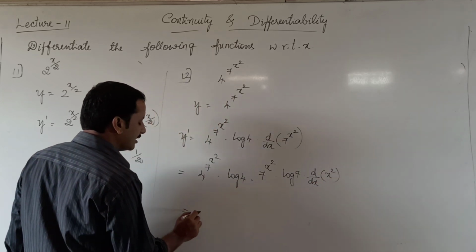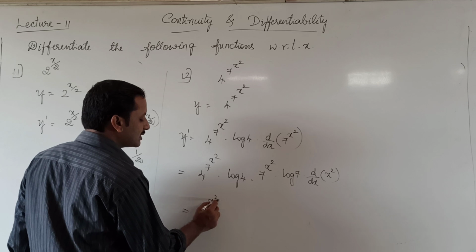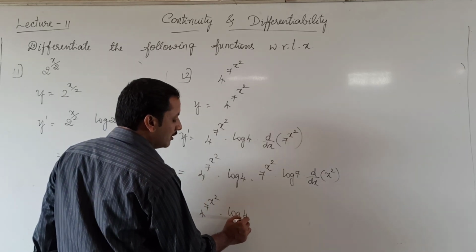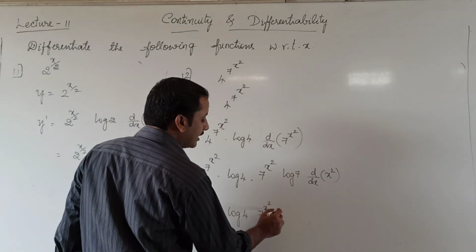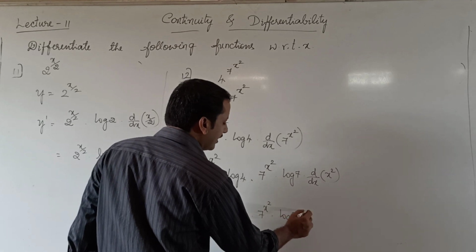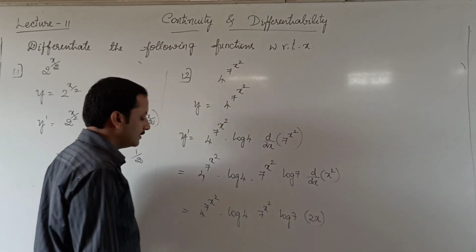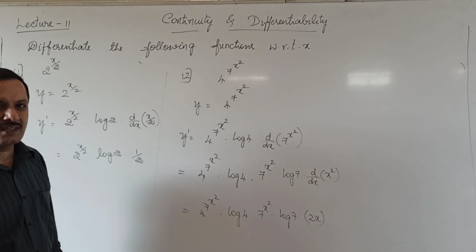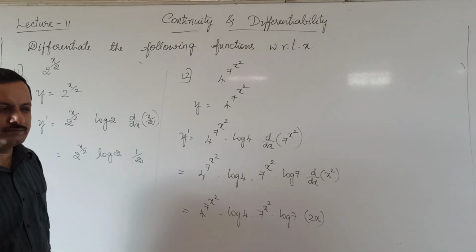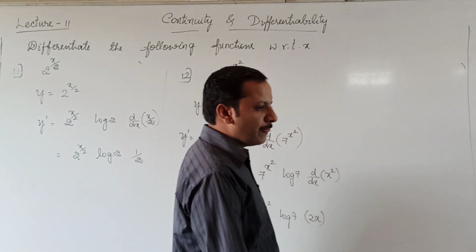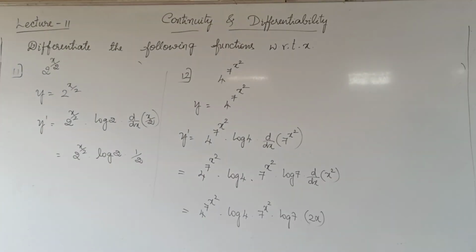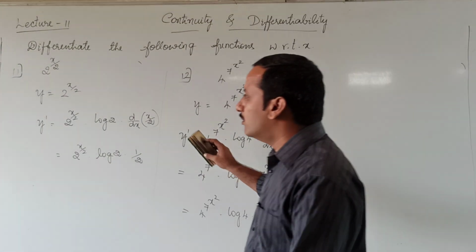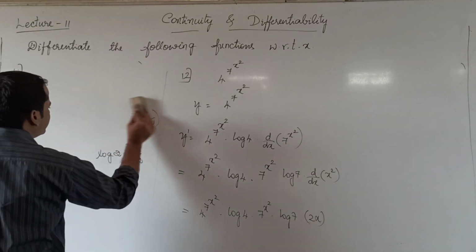That's equal to 4 power 7 power x square into log 4 into 7 power x square into log 7 into 2x. Okay, understood. Now I'll solve one more problem so that you will get to know why this is called the chain rule.